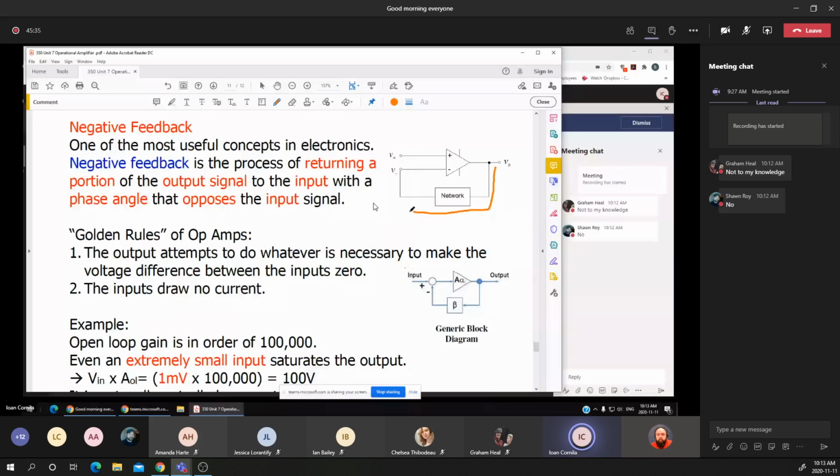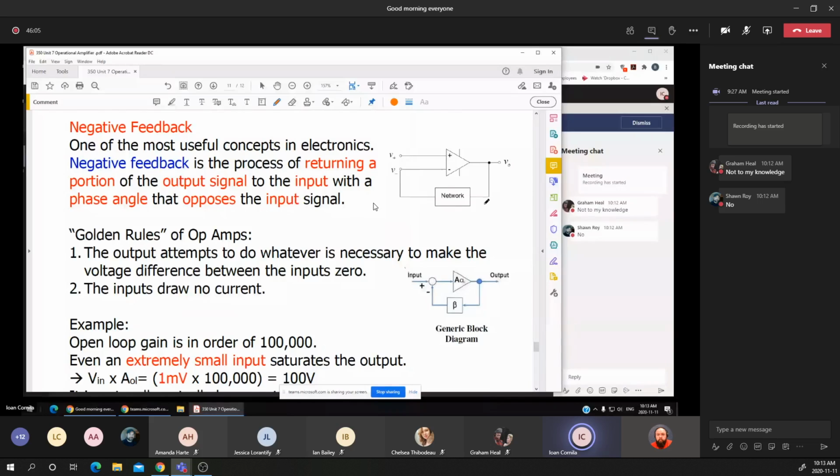And that's the idea. Now, when the signal is returned, a generic signal can be voltage, can be current, it's a portion or a ratio, or a small amount of the output voltage that is returned to the input voltage. Now the phase shift is the opposite to the input signal. That's why it's called negative.